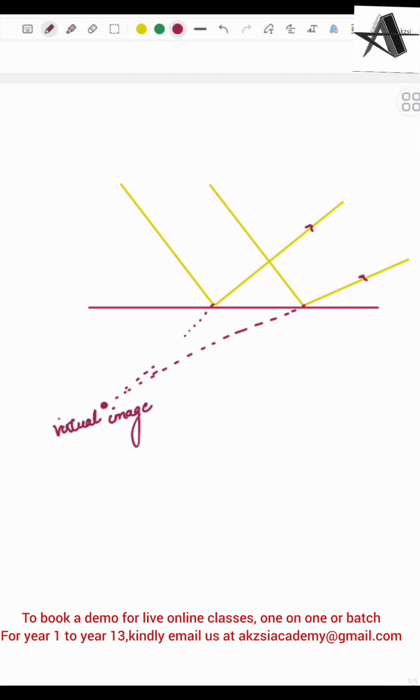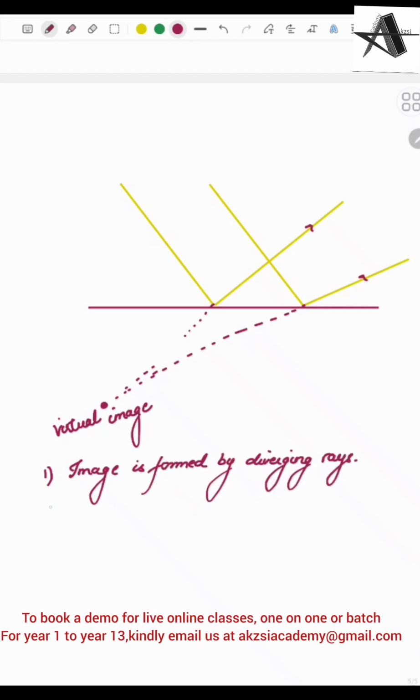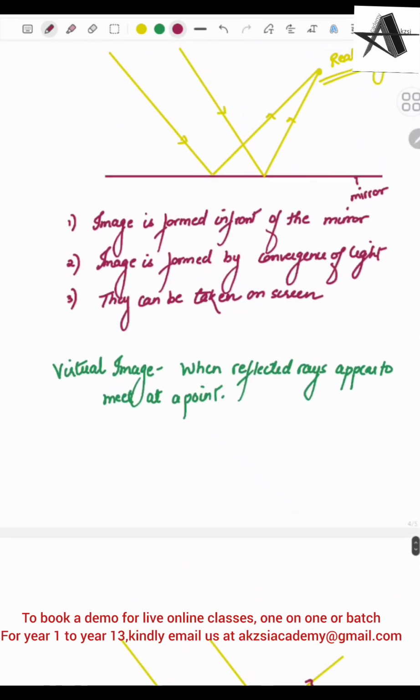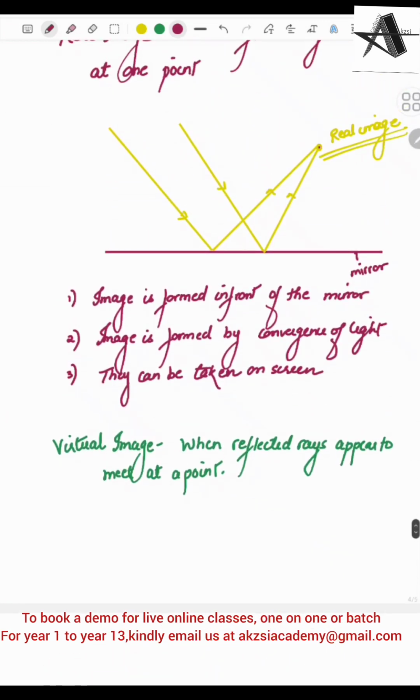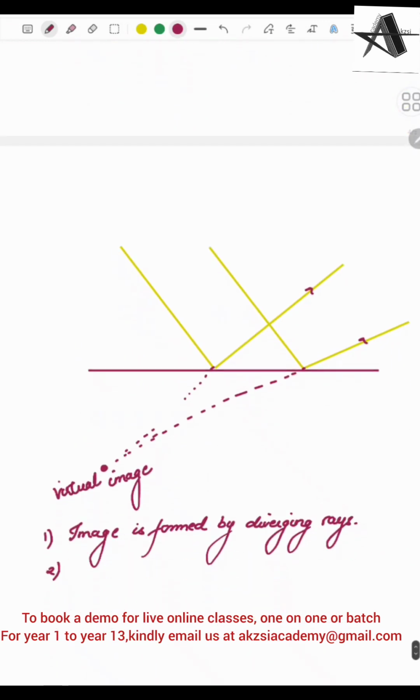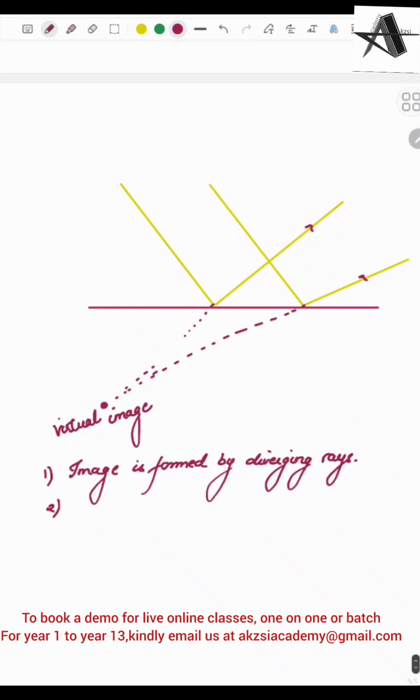So if we see the characteristics of these, the first thing is the image is formed by diverging rays. Second, if you see this one, here the image was formed in front of a mirror, but here it's not forming in front of the mirror, instead it's forming behind the mirror.